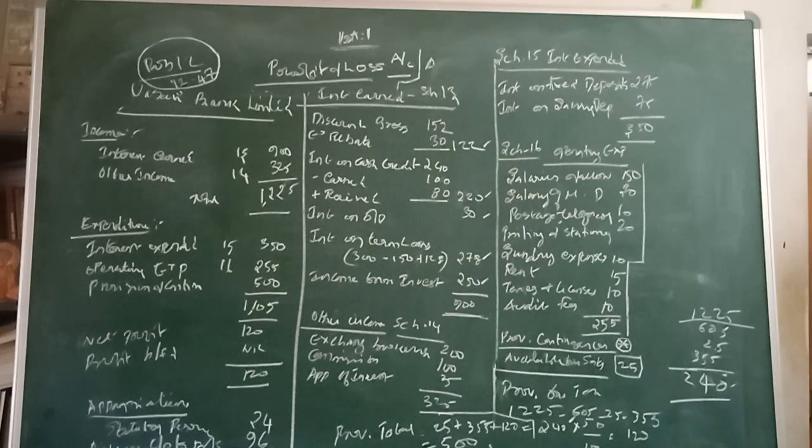The balance amount is interest on cash credit received, that 80 rupees you will have to add with the interest on cash credit. Like that, what amount is given and what amount we have to take as earned, all those things you should concentrate on. Okay, this is an important problem for an essay type question.